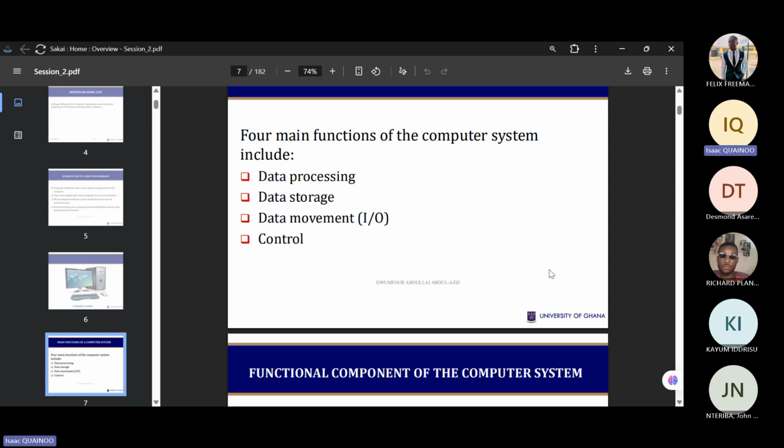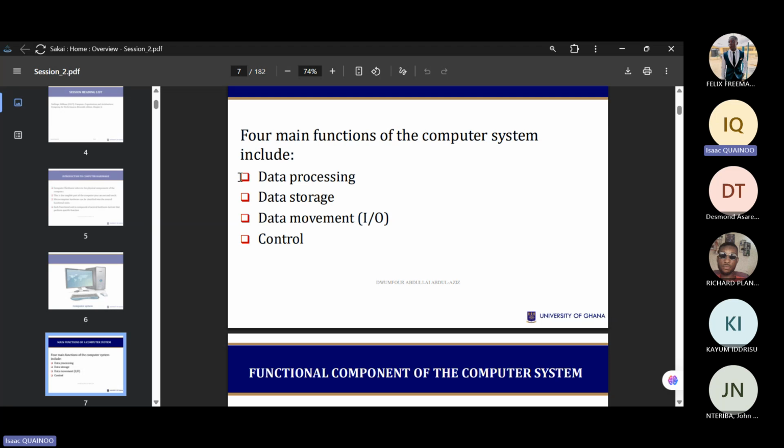Basically, computers exist to process data, and that is the prime purpose of the existence of computers. You feed it with data, and then the computer should have the ability to process the data and give you an output. Without this, we can conclude that a computing system might not have any use or relevance. If the computer cannot process data, then the purpose of that particular computing system is questionable.